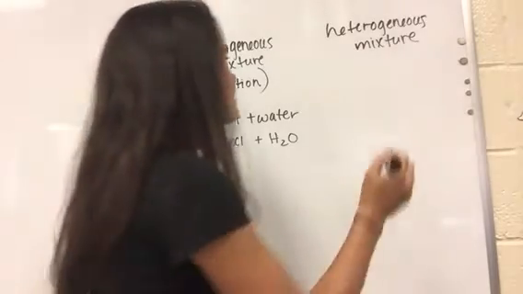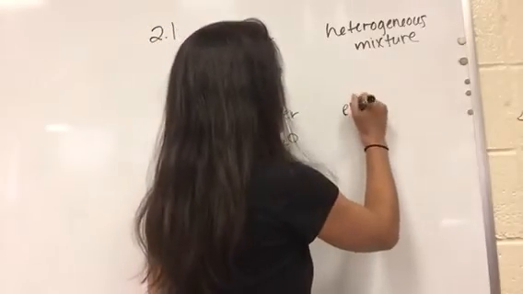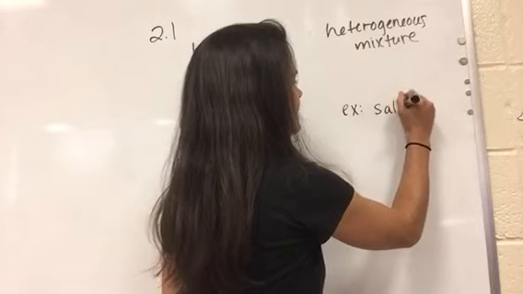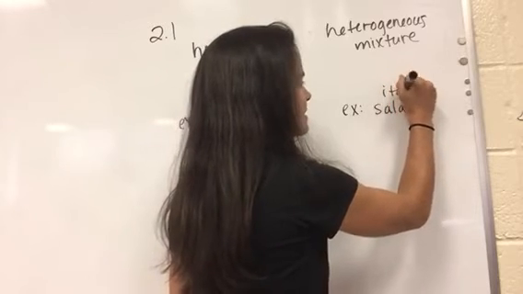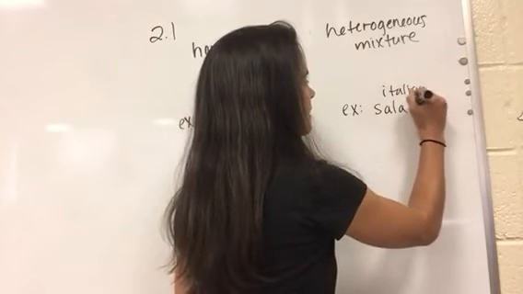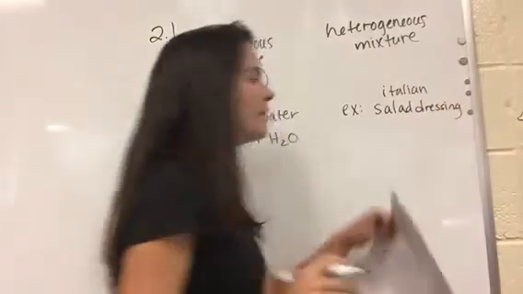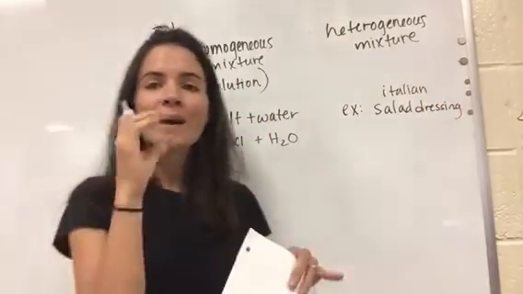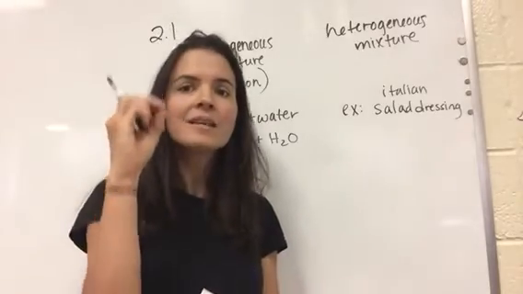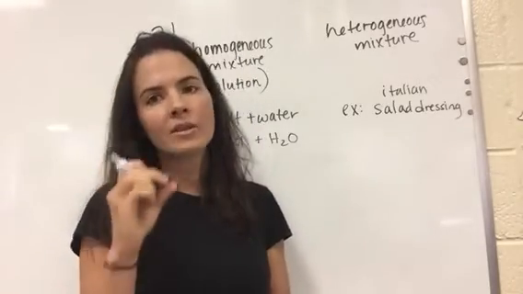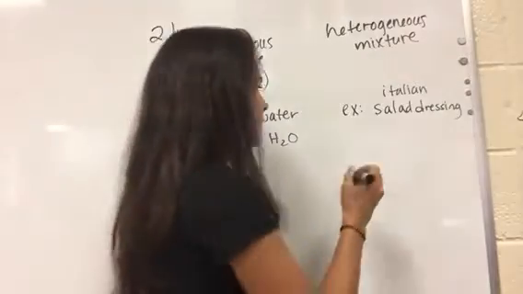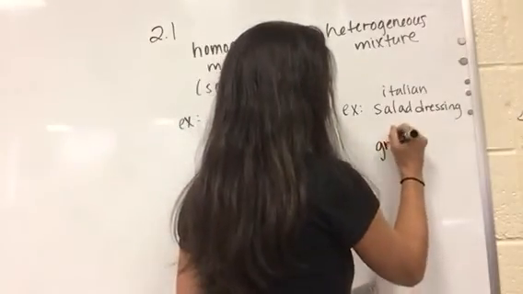A heterogeneous mixture, however, an example would be salad dressing, Italian salad dressing, we'll say. That's the one where you have vinegar and oil. They don't mix, so they separate from each other. You can clearly see where the oil is. You can see where the vinegar is. Another example that I used is granite.